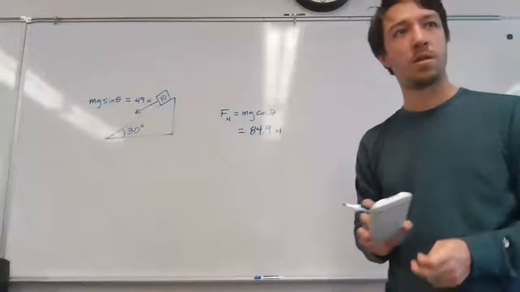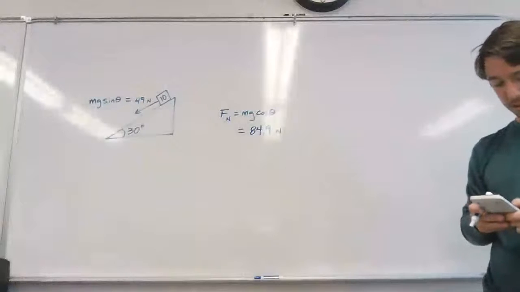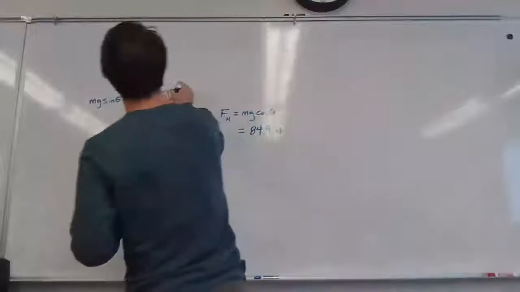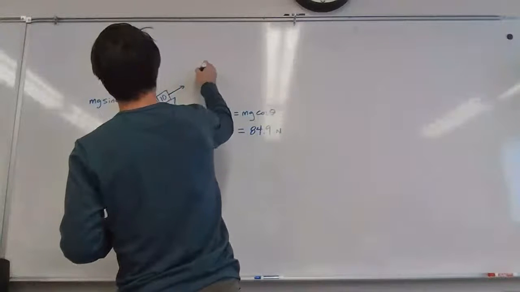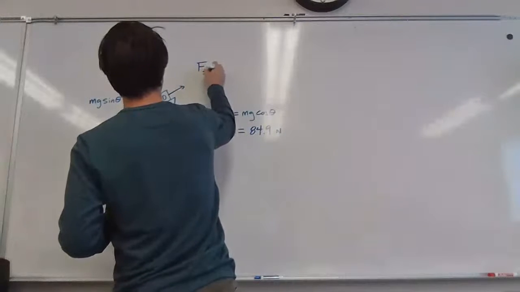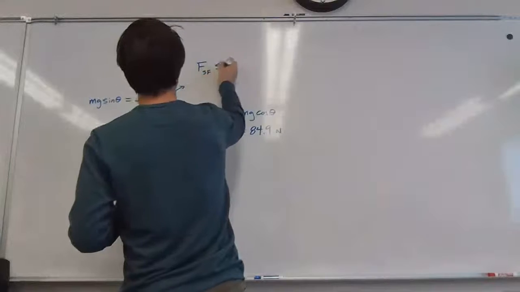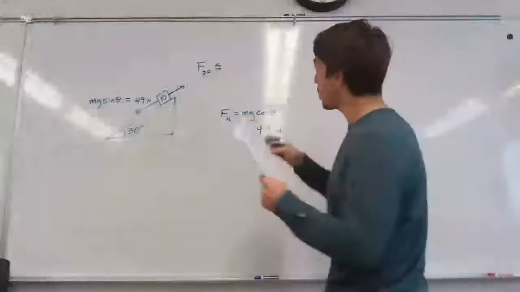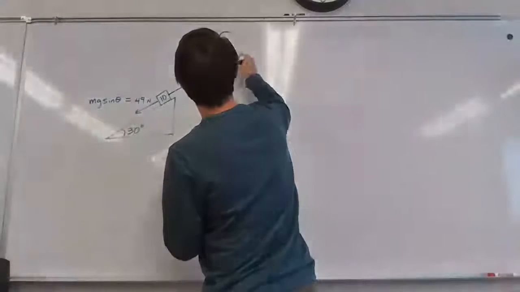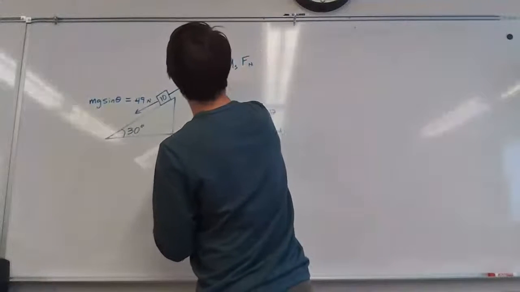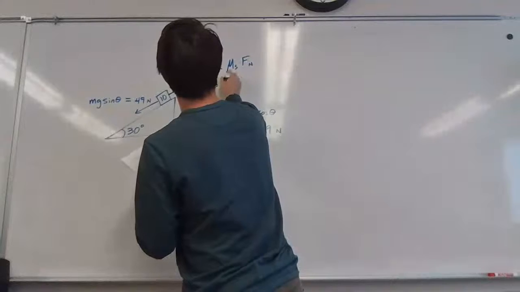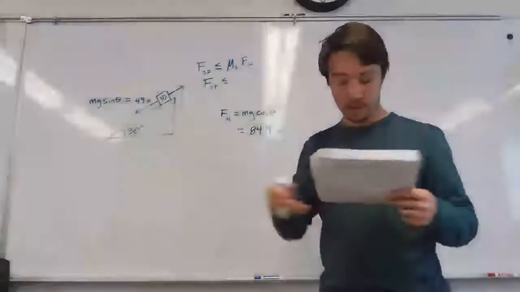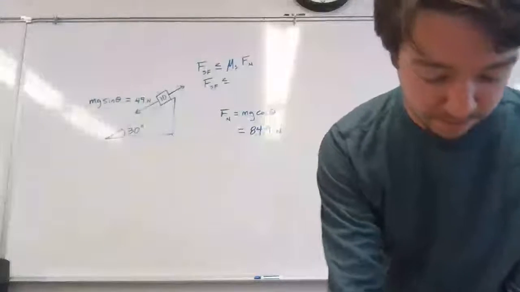Wait, wouldn't it be the force of friction? Well, then I'm going to go up here and say the friction force. So first I have to say the static friction could be anything up to the static coefficient times the normal force. So the static friction could be anything up to this times 0.4.